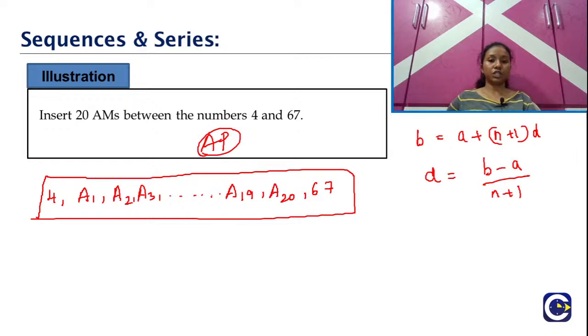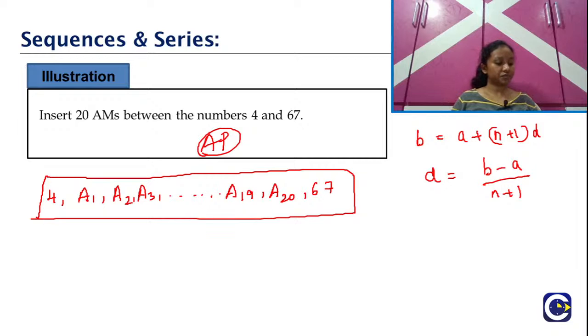You need to figure out only the common difference. Once you determine the common difference, you can directly predict the A1, A2 and A3 values, because we have just seen the relation between the common difference, the first term, as well as our A1, A2 terms, since it's an arithmetic progression.